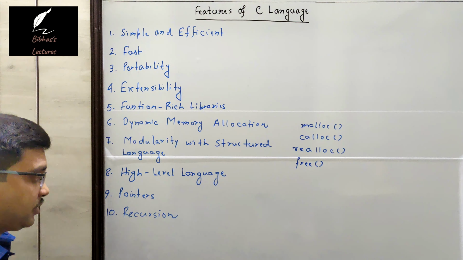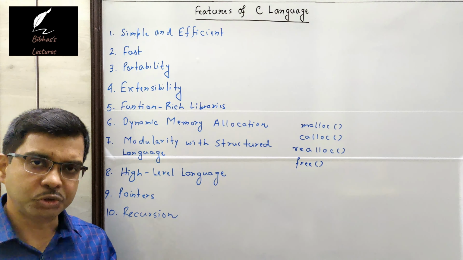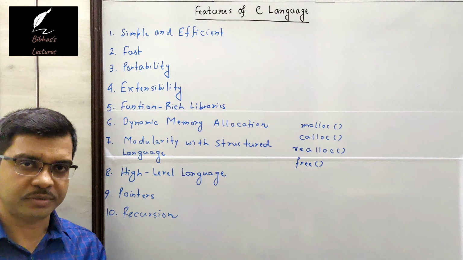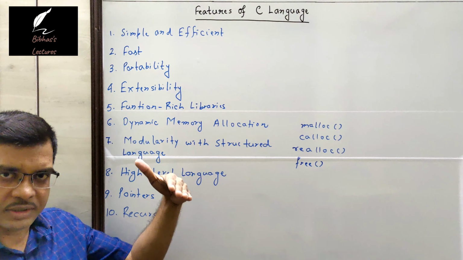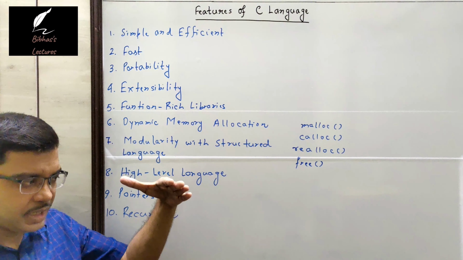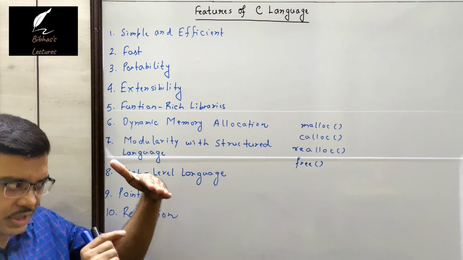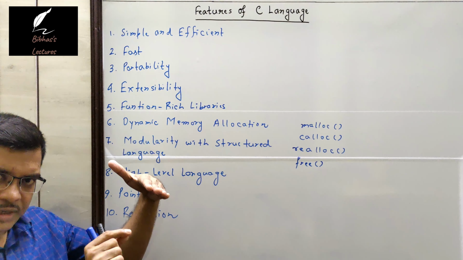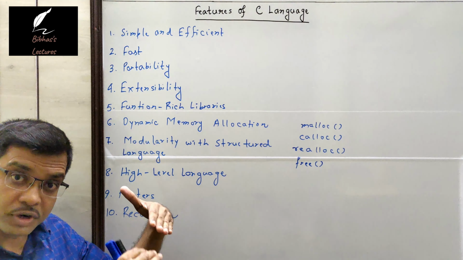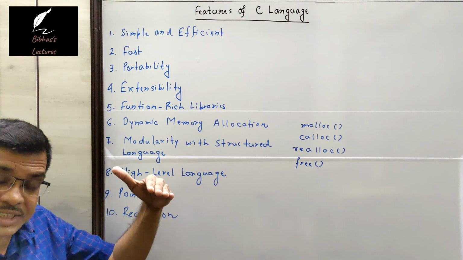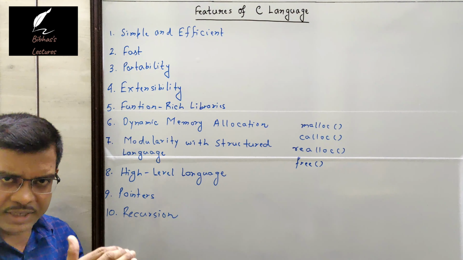What is recursion? Recursion is one of the most important features of the C language. Recursion is a process. Whenever you are writing a user defined function, and inside the body of the function, if any statement is calling the same function again and again, this process is called recursion, and the function is called a recursive function. We will discuss it in detail later.